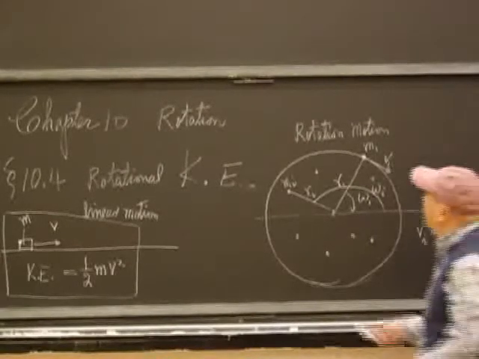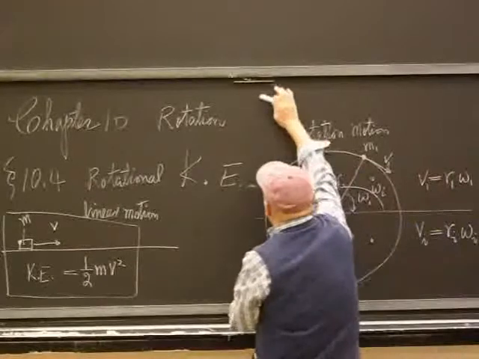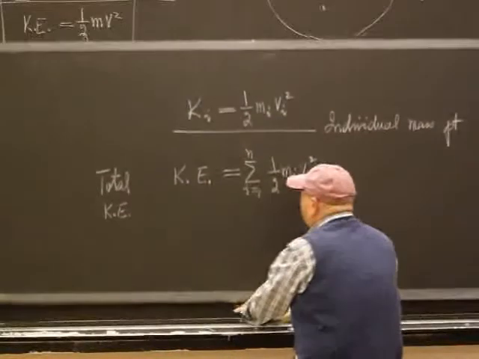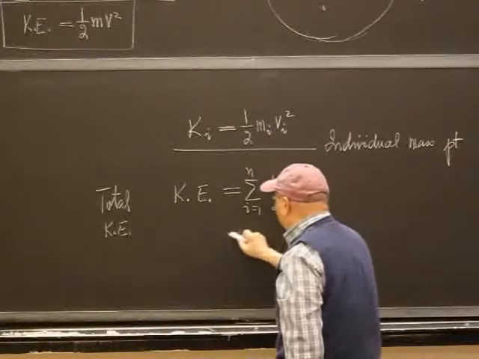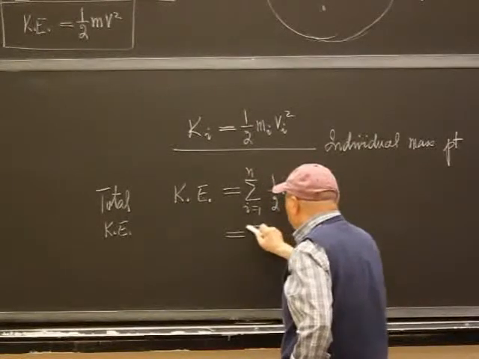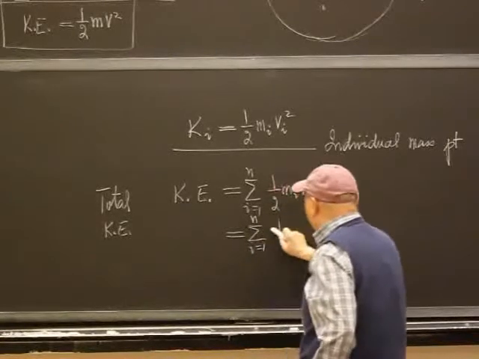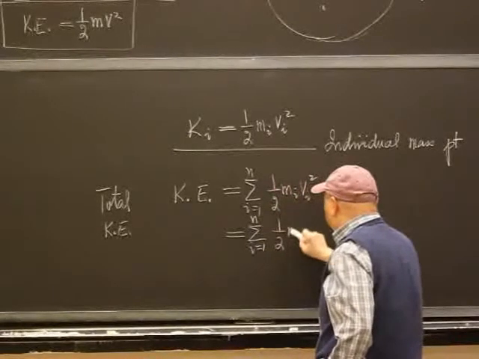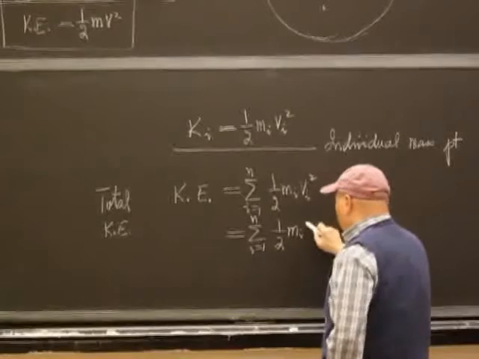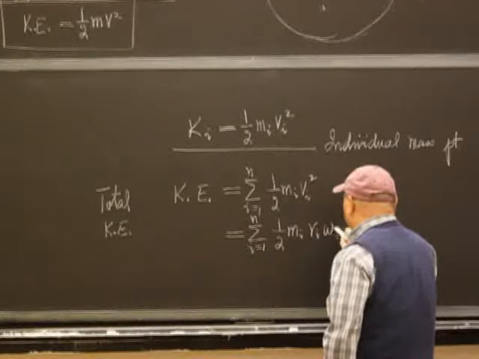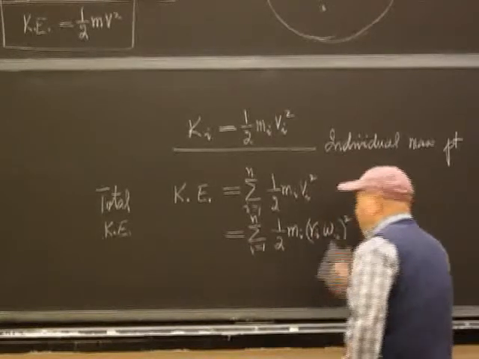Something very important: the kinetic energy is the summation from i equal to 1 to n of 1/2 Mi Ri omega i squared.